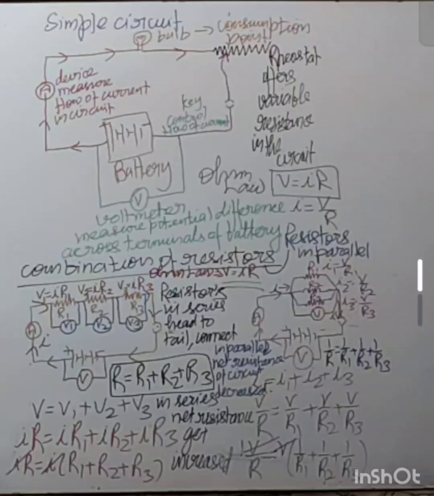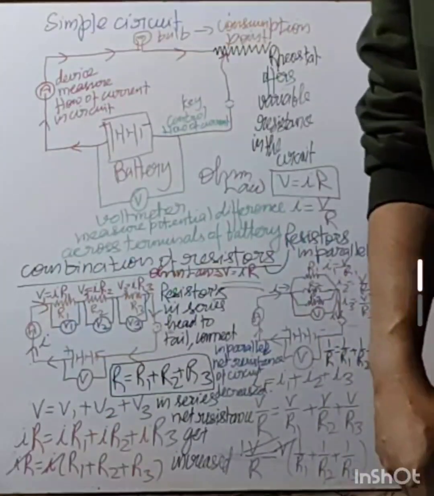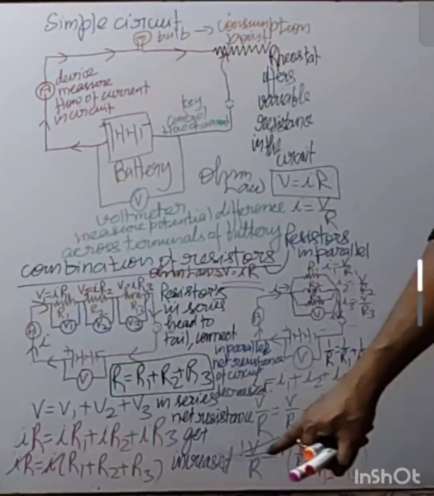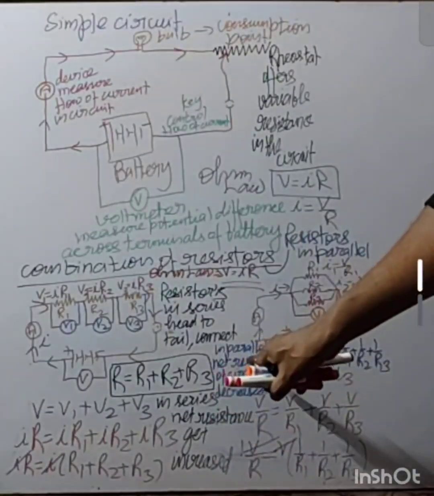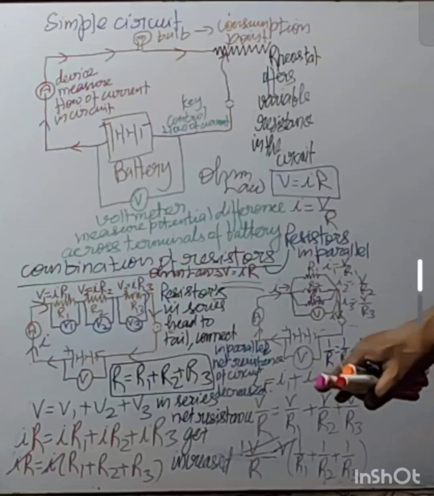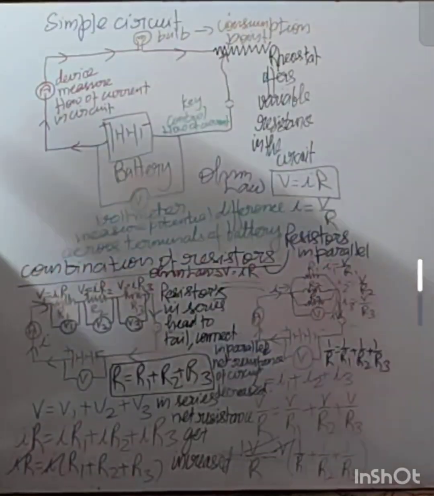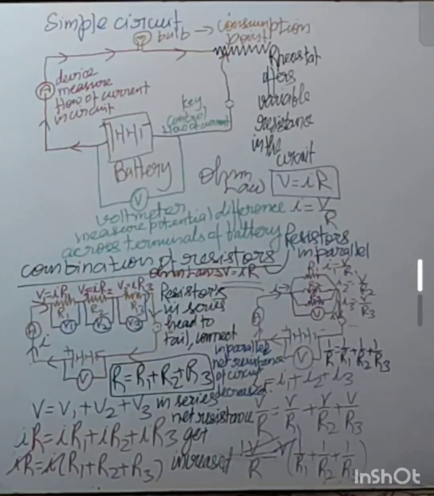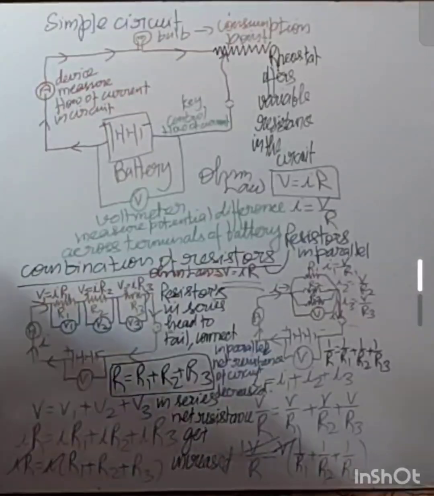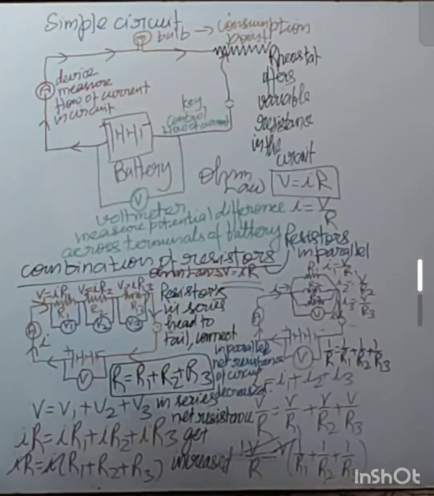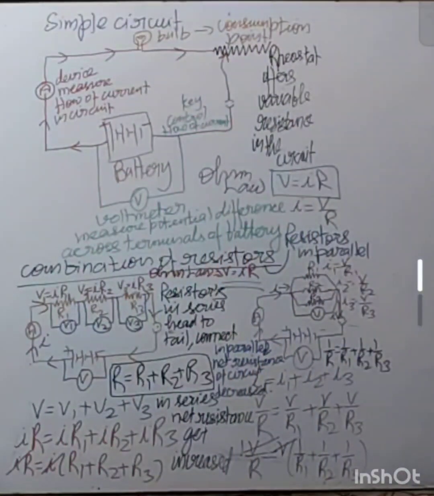What I told you: in series, the net resistance of the circuit gets increased, but in parallel, the net resistance of the circuit gets decreased. So whenever we have to reduce the net resistance of the circuit, we arrange resistors in parallel. And when we have to increase the resistance, then we arrange them in series. I hope you understand.